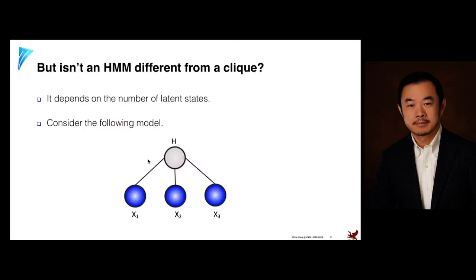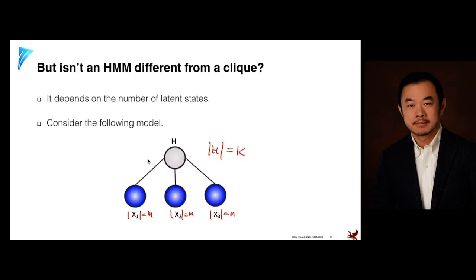You can imagine that it has a number of states. Let's assume that the cardinality of each x equals m. They have m states. And h also has a number of states, which could equal k.